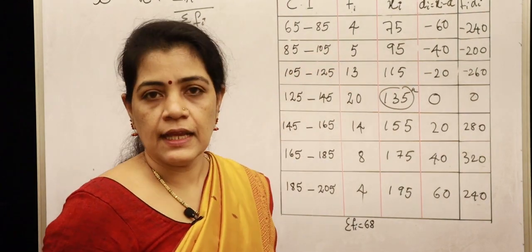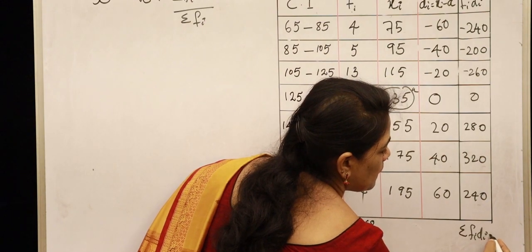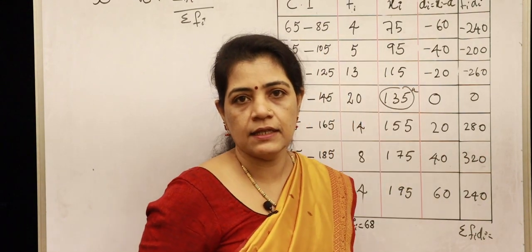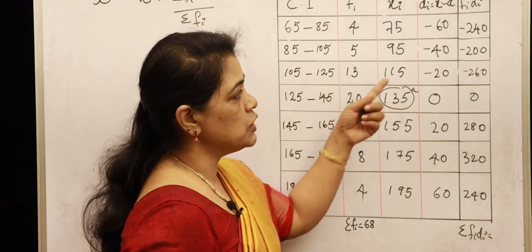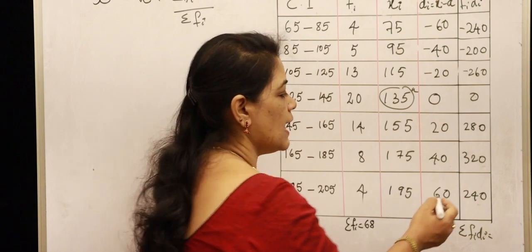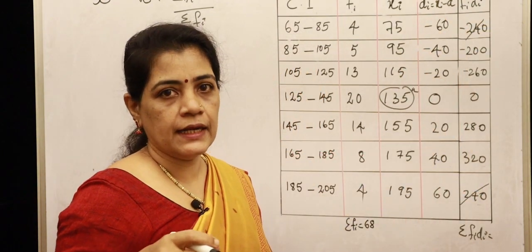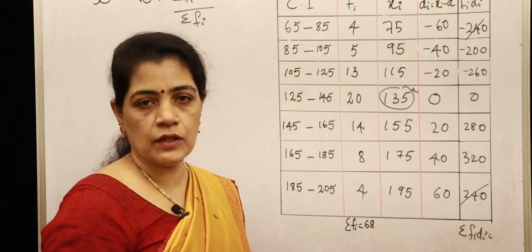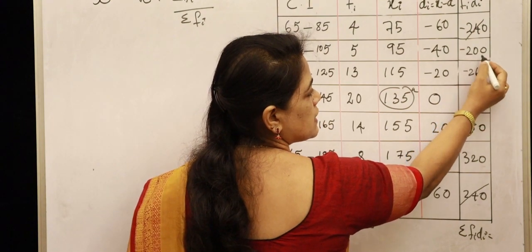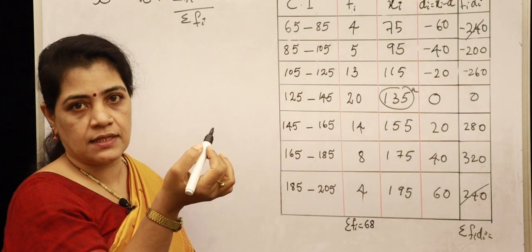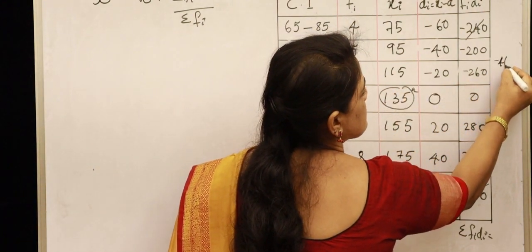And in the next step we have to find out sigma fi di. We have to sum all these entries of the last column. See, the first step is very easy because negative 240 and positive 240 can be cancelled, and for the remaining values, the negatives can be added and the positives can be added, and in the final step you can subtract. So here negative 200, negative 260 will be negative 460.